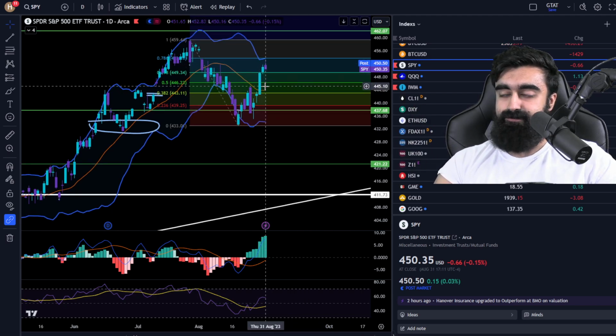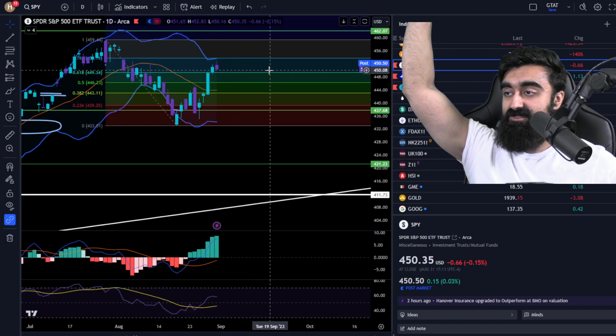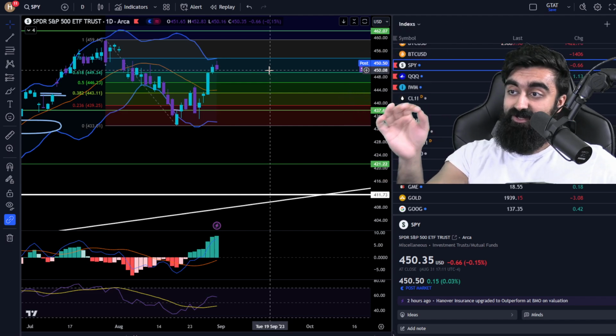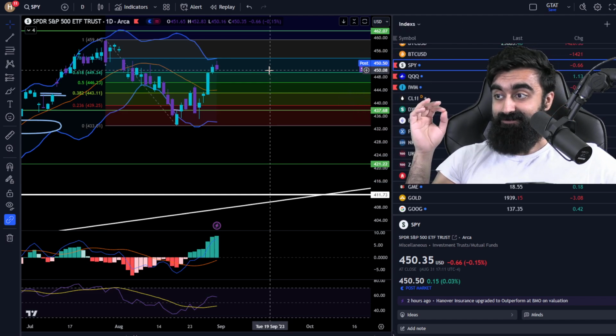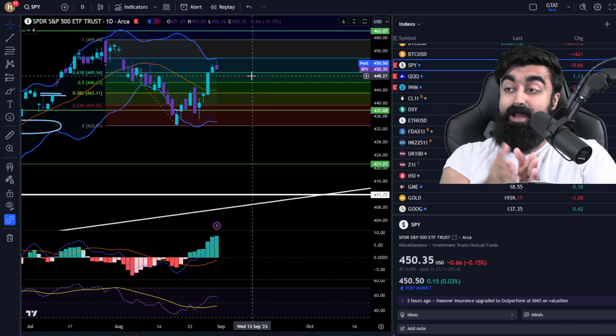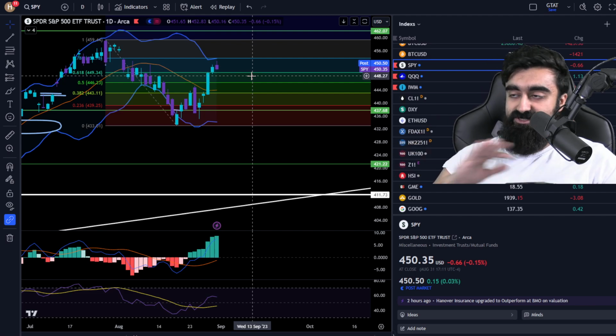But this is not a setup where you want to go long. I hope you guys can see that this is basically rising just into the sky. You don't go long on these sort of setups, you wait for pullbacks. But if the pullback drops below 447, then this upward momentum is going to cease, in my opinion.